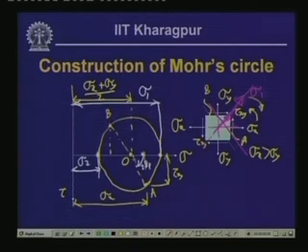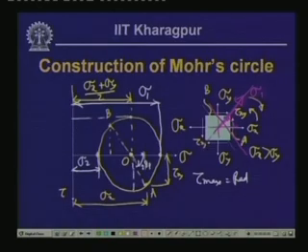Likewise, the maximum shear stress will occur at this particular point, which is the highest point in this circle, and this is tau max, which is eventually equal to the radius of the circle. So, this is positive maximum shear and this is the minimum shear, which is the negative of this radius.